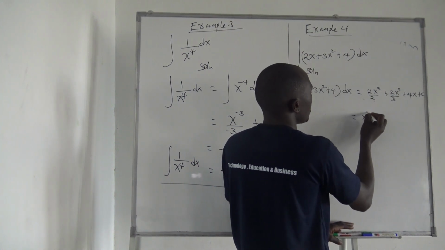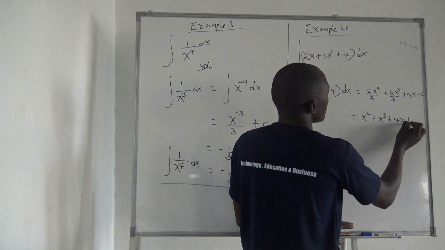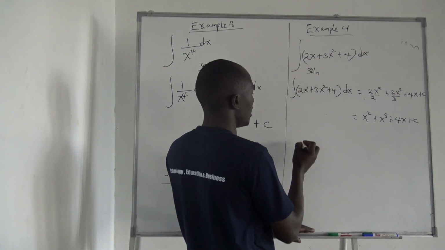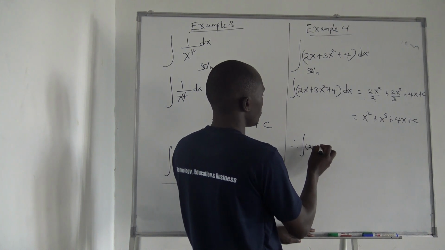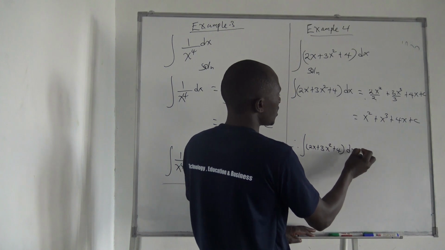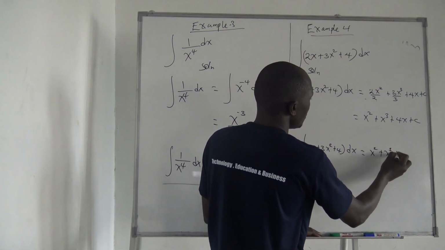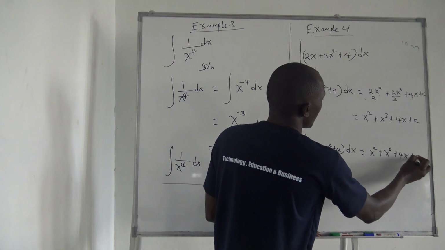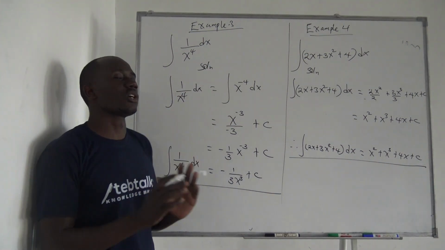Reduce, this becomes x squared plus x cubed plus 4x plus c. So we shall say therefore, when we integrate 2x plus 3x squared plus 4 dx, we get x squared plus x cubed plus 4x plus a constant of integration. That's how we can integrate these numbers.